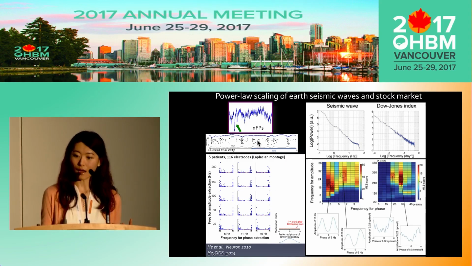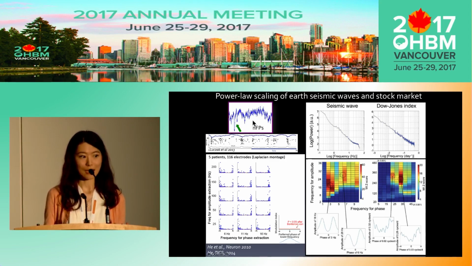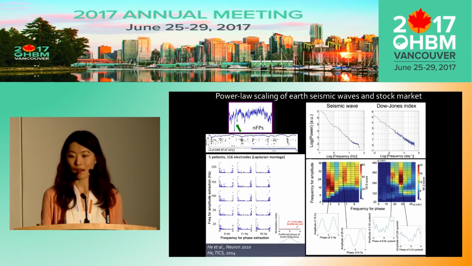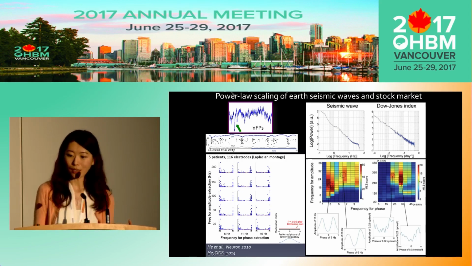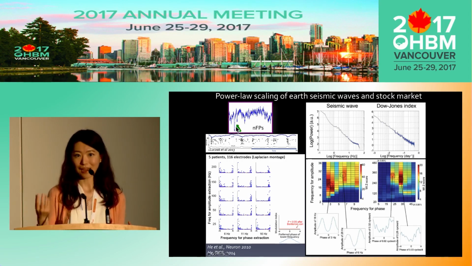For example, in ECOG signal and local field potential as well, oftentimes you have these sharp transients in the signal. In EEG and MEG signals, this has also been shown, although in MEG signal, this is more symmetrical, both positive and negative. And what's driving this is the population firing bursts in the underlying neuronal network.